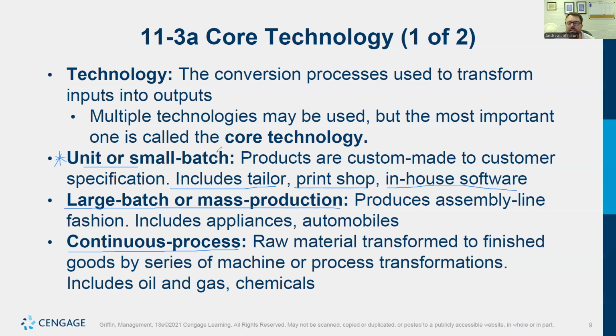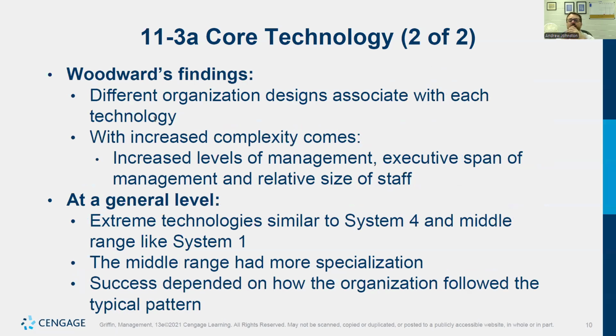Here you'd have things like assembly lines, auto manufacture, that sort of technology, which they saw as complex, but sort of a middling level of complexity. They found, interestingly, that in that middle group, the large batch, was the most standardized and the most like what the behaviorists would call a System 1 design, very centralized, very much rigidly following standard procedure, which makes sense if you're thinking of an assembly line in particular.